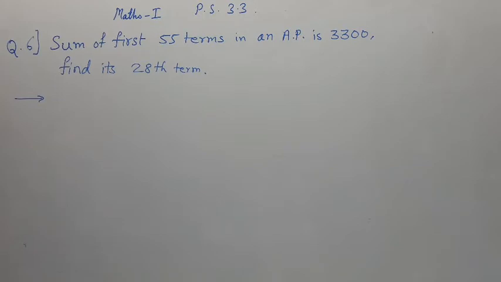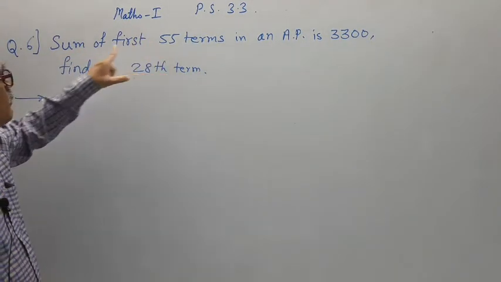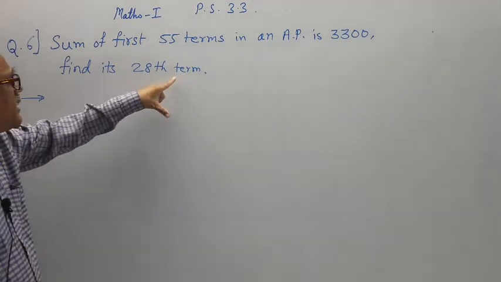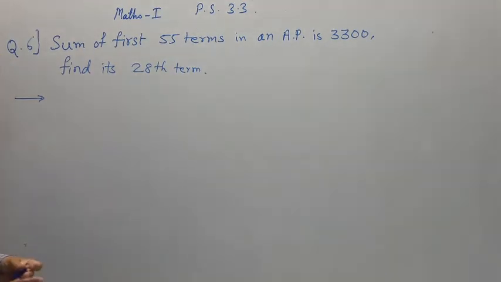Now we are starting this sixth sum. Sum of first 55 terms in an AP is 3300. Find its 28th term. Once again interesting, no a, no d, nothing, only S55 is given, sum of 55 terms, and T28 is asked. In 55, if I add 1 and divide by 2, we will get 28, means 28 double, 56 minus 1 is 55.